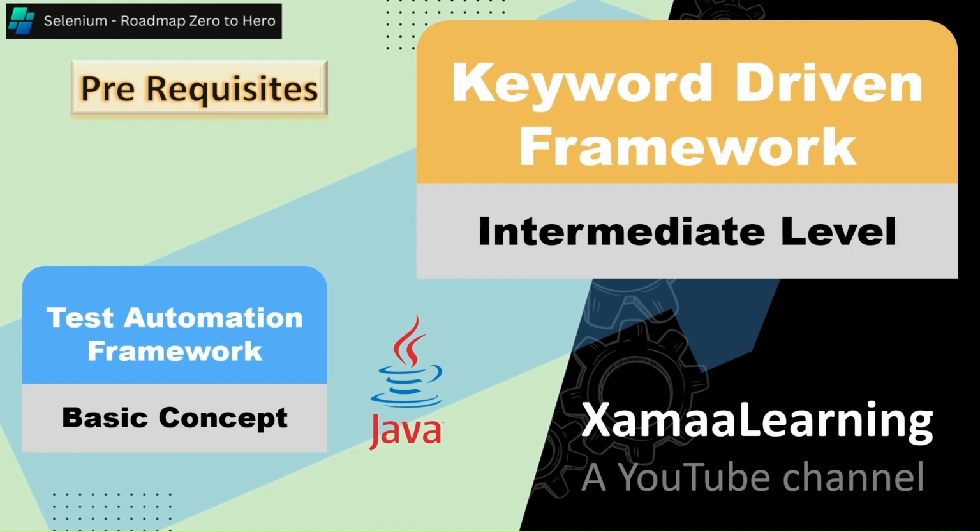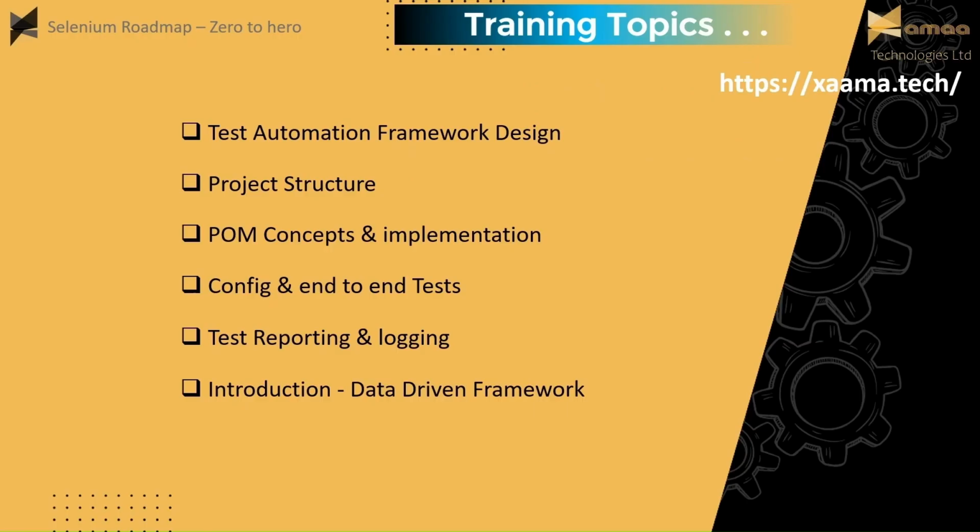In this training, we will cover several key aspects of building a robust and efficient test automation framework for web applications. Our main focus areas include designing a keyword-driven framework. We will kick off by exploring the core principles of designing a keyword-driven framework structure.